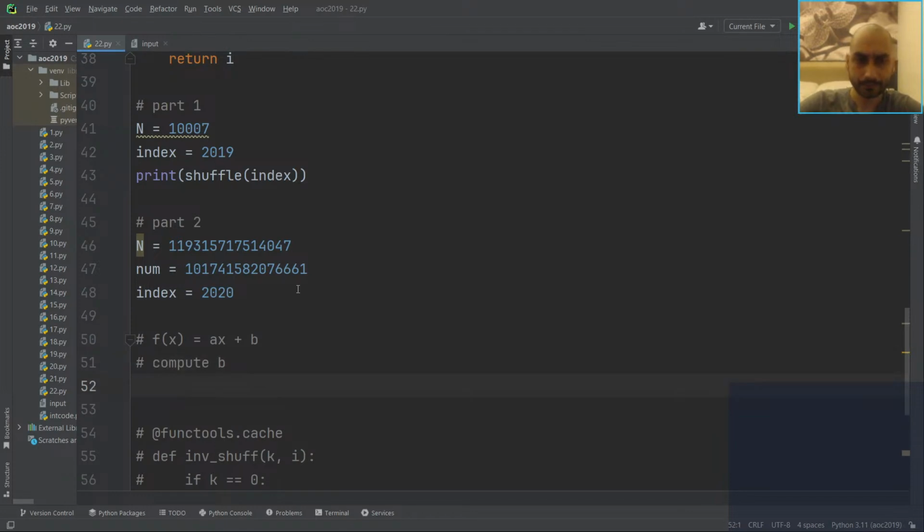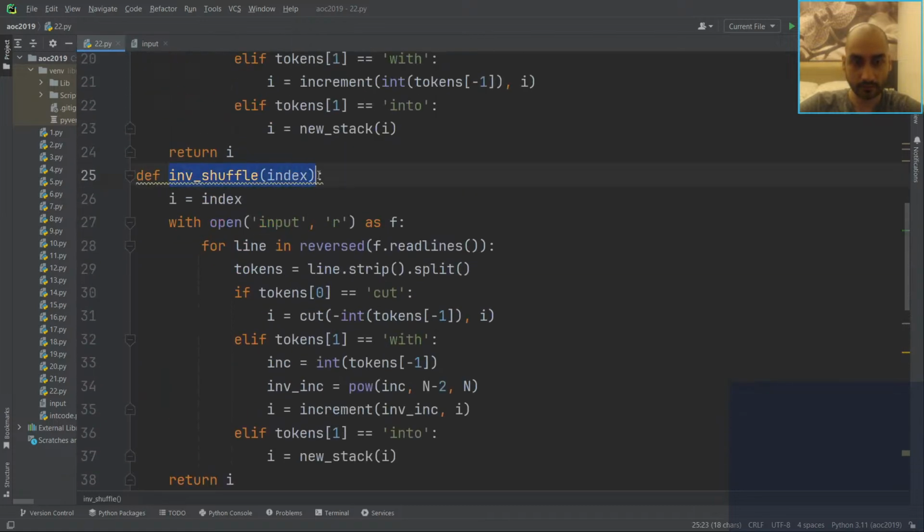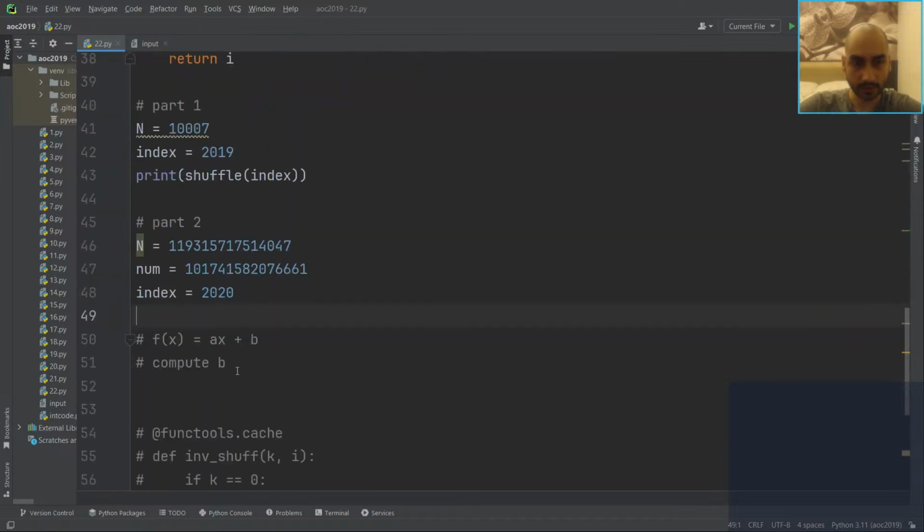So if we do inverse shuffle of 0, would that just give us B then?